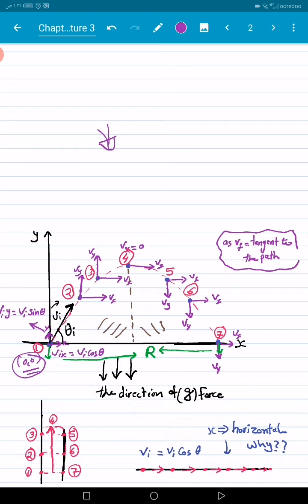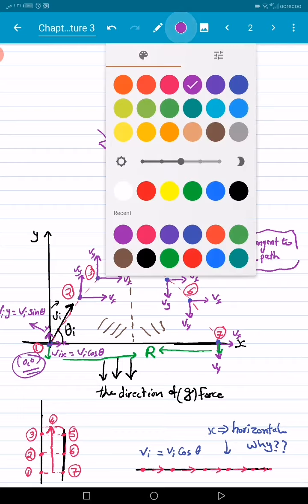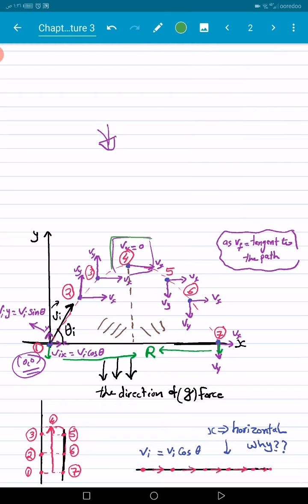And we find that in this position there is one point here, it is the maximum height. This point here is the maximum height, from 1 to 4, and we find this maximum height when Vy is equal to 0.